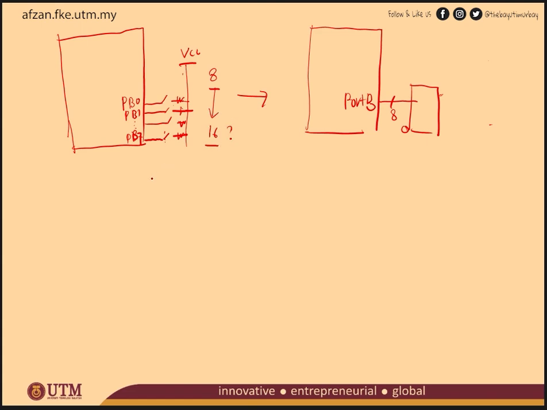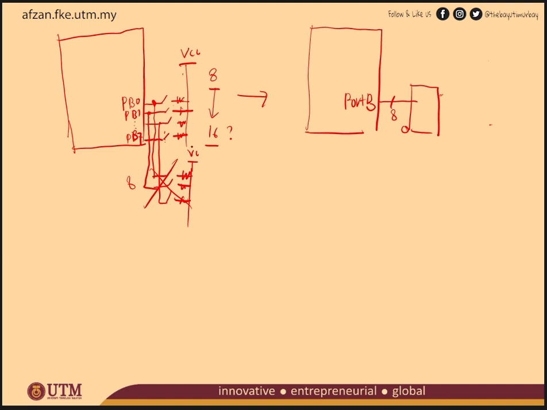Is it you're going to put another switch here, and then simply connect to this one? Just connect to here, and another switch here, connect to here, until 8 bits of switches. Is it something like that? No, you cannot do this, because you see here, this is input to your PB0.